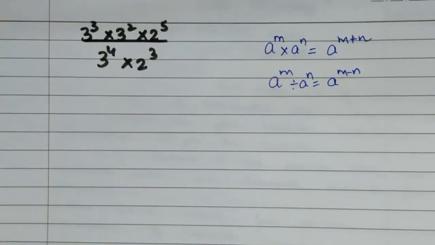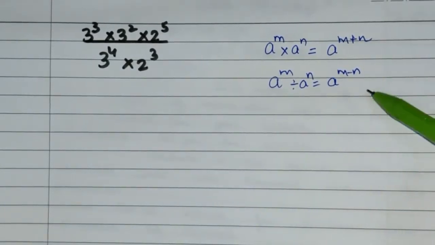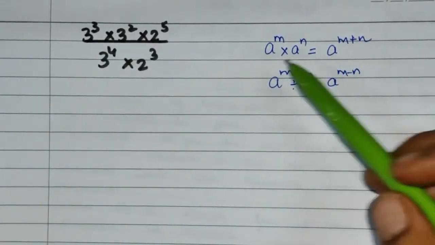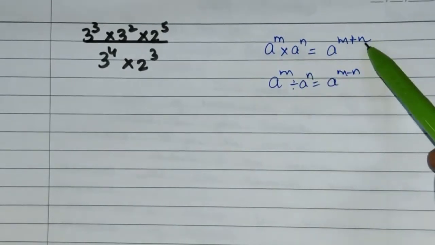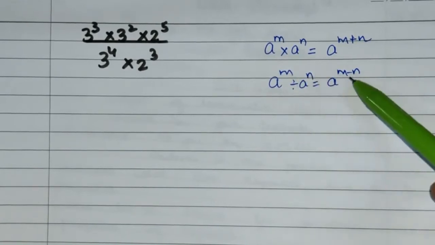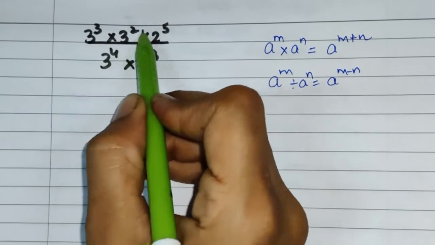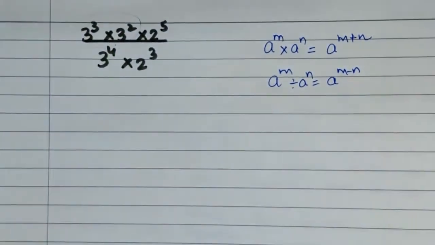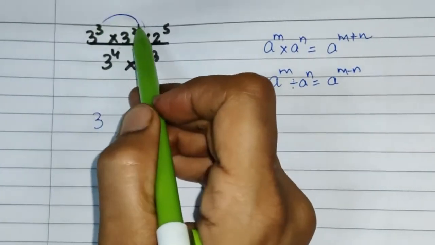Now see, we have this question and these laws we have done. That bases are same in multiplication, powers get added. Bases are same in case of division, powers get subtracted. So now here, if you see carefully, bases are same. So we can add the powers.